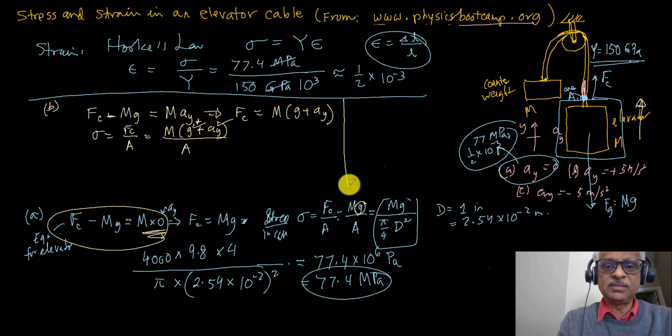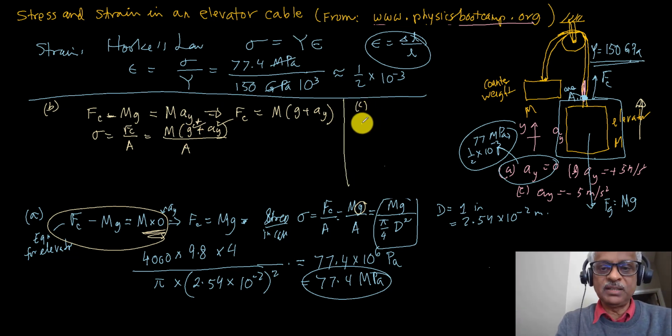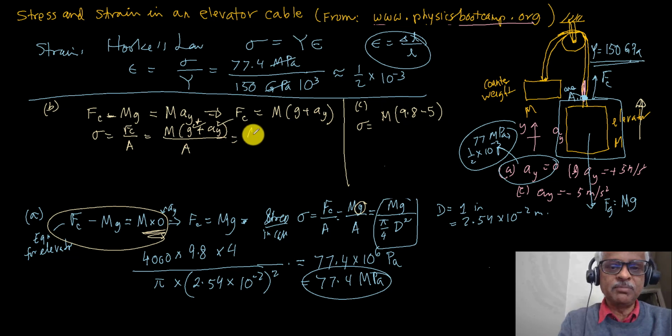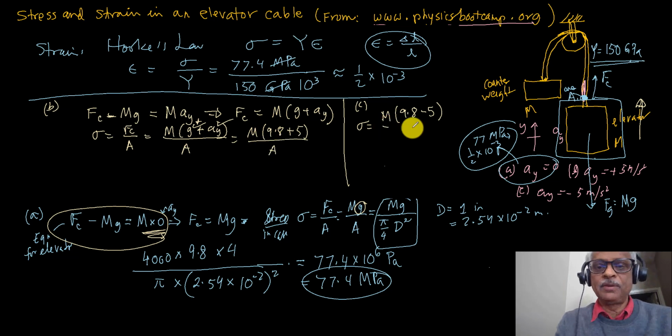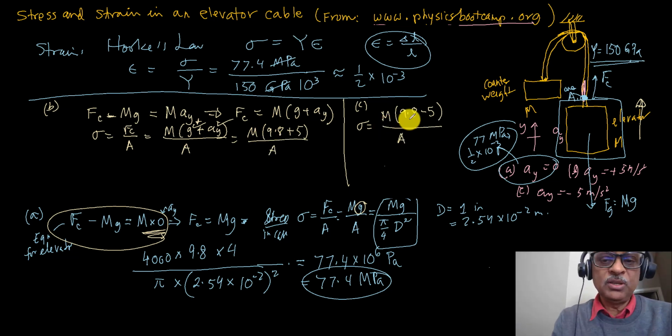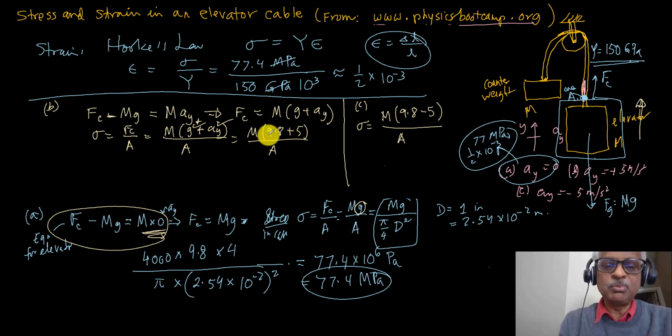So let me write down what C will look like. Sigma will be m times (9.8 minus 5) over A for C, and m times (9.8 plus 5) over A for B. You can see I really don't need to do a whole bunch of problems. Instead of 9.8, we have 14.8.